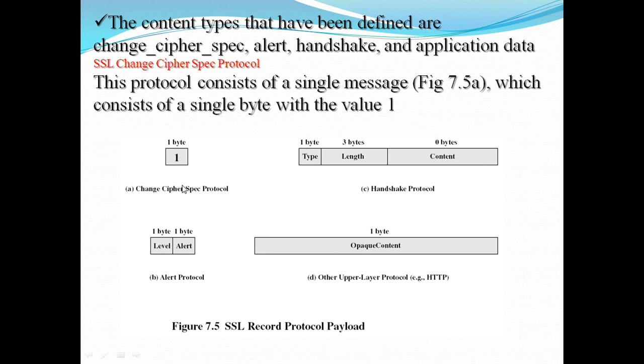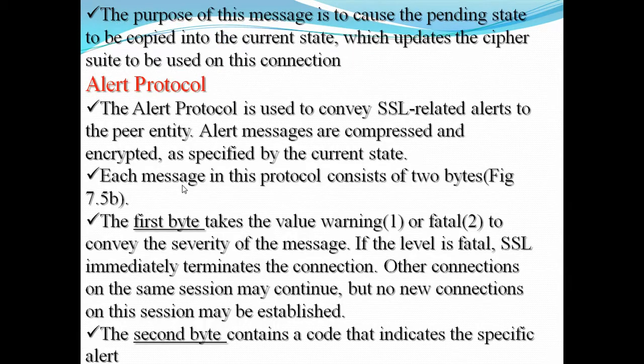So the change cipher spec protocol's simple job is to move the pending state to the current state, just to complete the SSL record process. The output of the SSL record protocol is converted from pending state to current state.